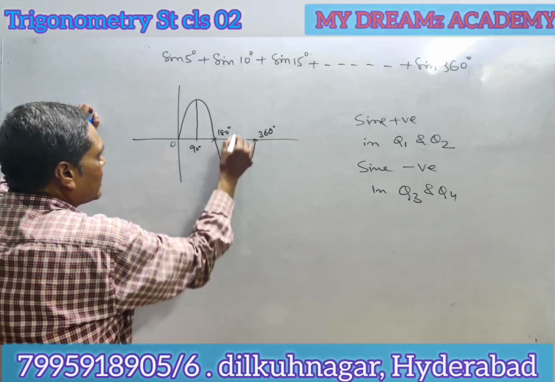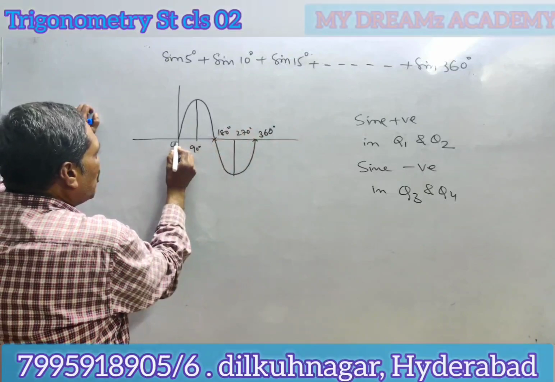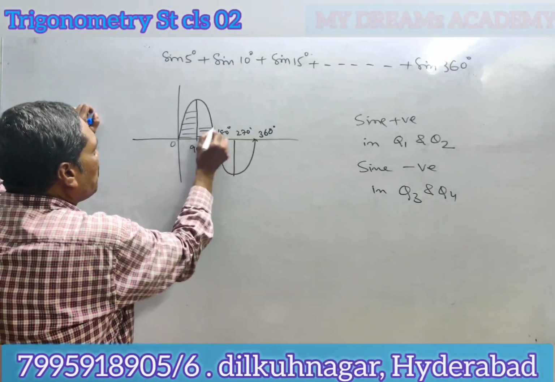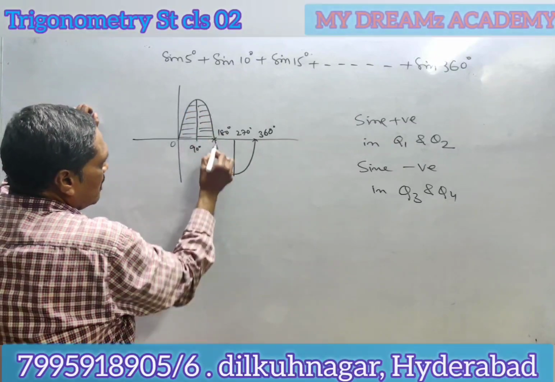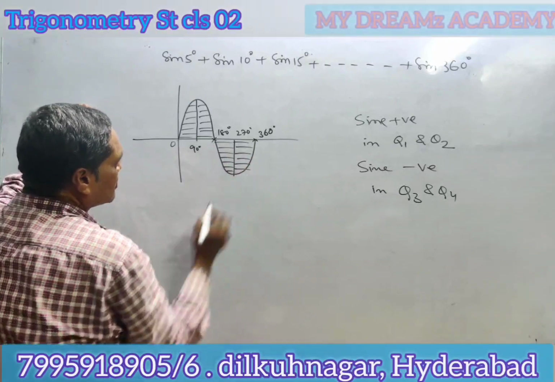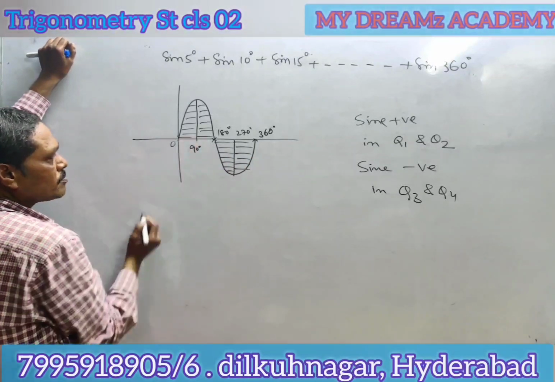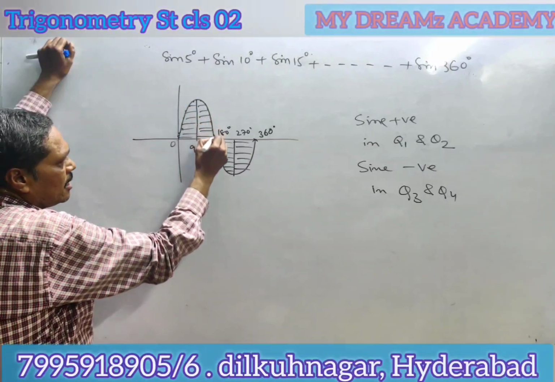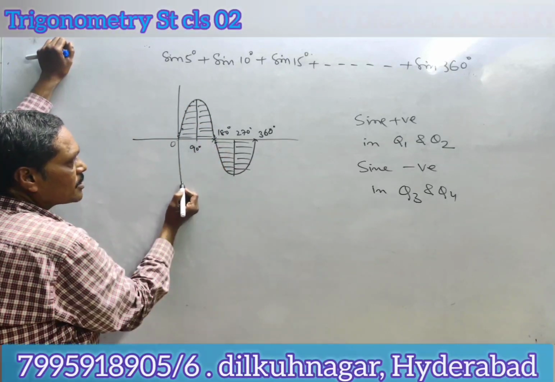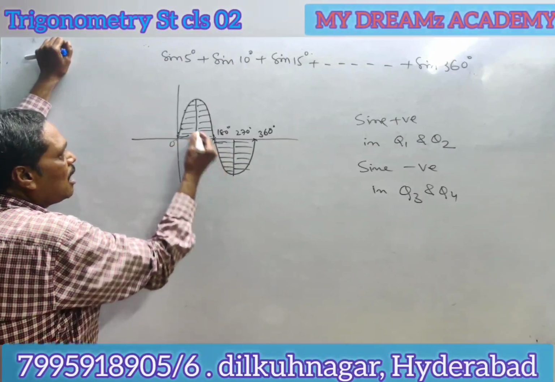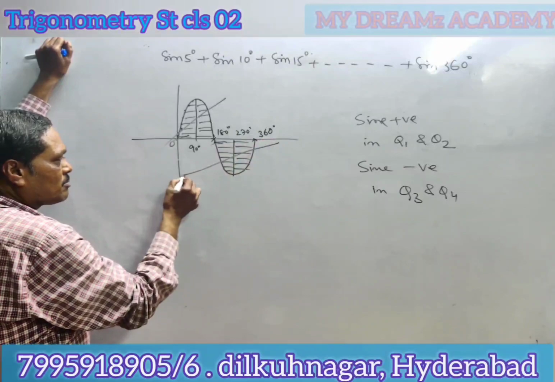This is 270. 0 to 90 positive. 90 to 180 positive. 180 to 270 third quadrant negative. These are negative values. 5, 10, 15, 20, 30 like that, 90. Again this is 185. This is negative, this is positive, gets cancelled. All positive and negative terms get cancelled.